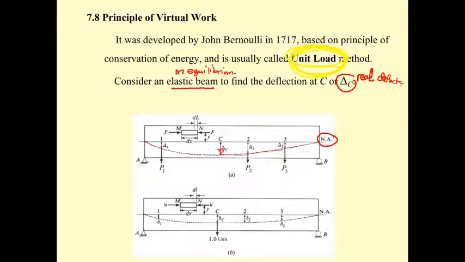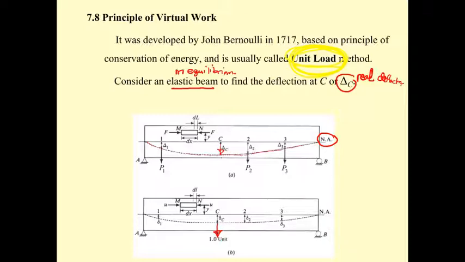This delta C is the real deflection. Then Bernoulli said, if you would like to find delta C, you put a 1.0 unit load at this point. That's where the name unit load comes from.